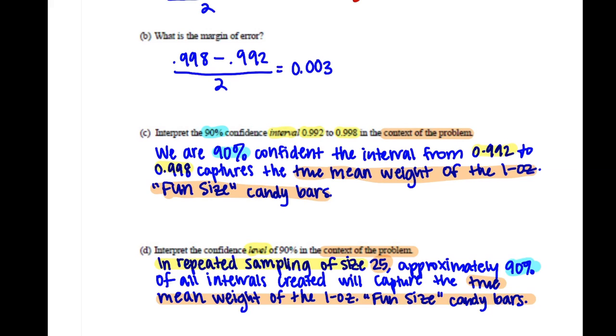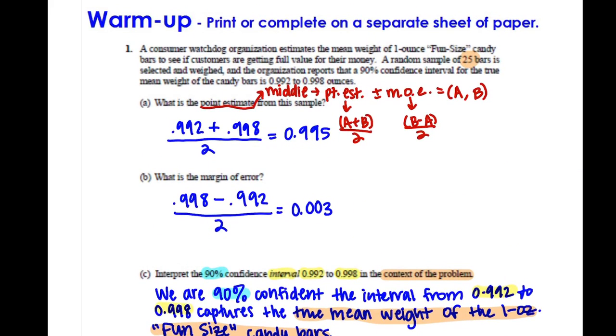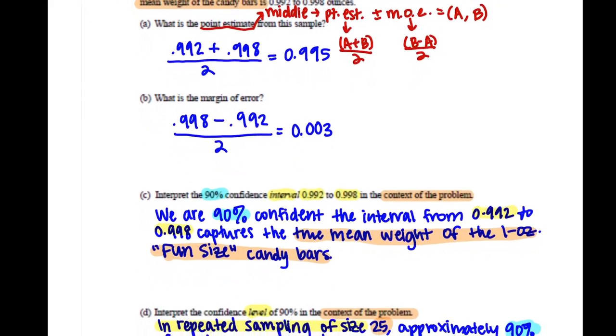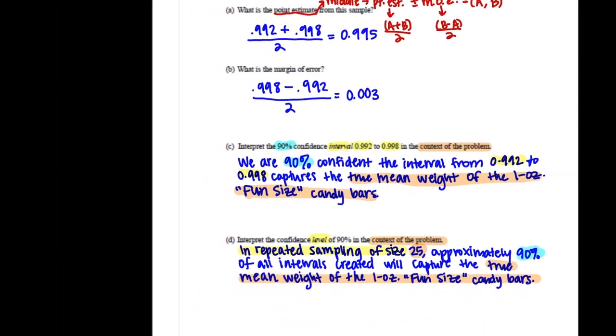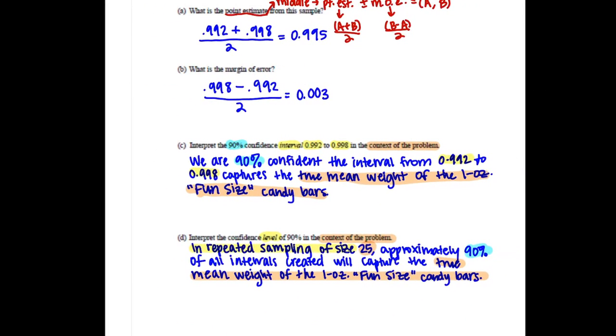I got that statement from up here where we have the mean weight of the candy bars, and I was just a little bit more specific with that. Okay, so hopefully you understand those, and I would recommend that you make some flashcards and start to memorize some of those interpretations, because we'll be using them a lot.